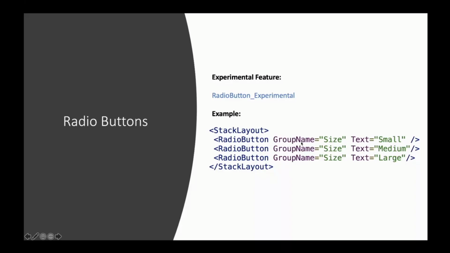The group name should be the same for all the buttons which you want to group at once. Like I have these three radio buttons, small, medium, large, and I have grouped them into one name called size. And I have put that in the stack layout. Very easy to use control. But don't forget to set this radio button experimental flag, otherwise you will get a runtime error.